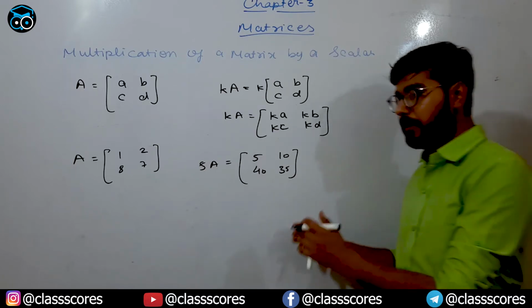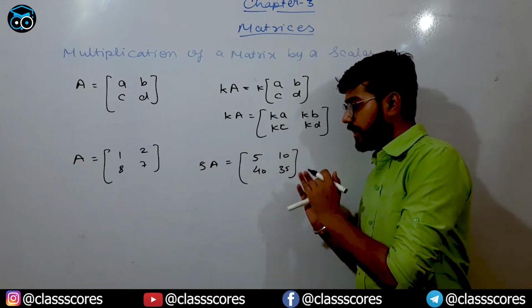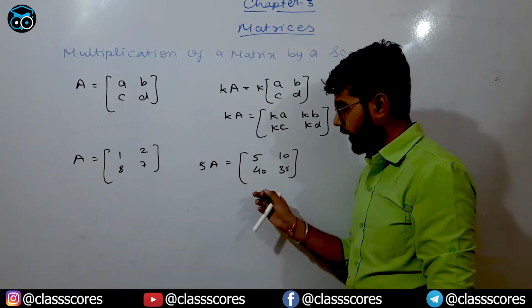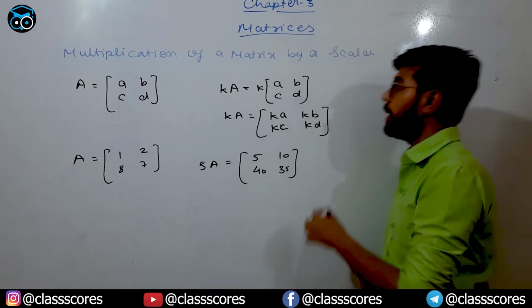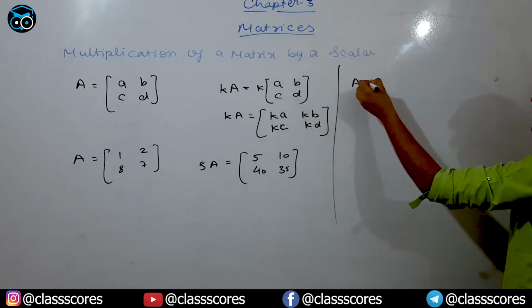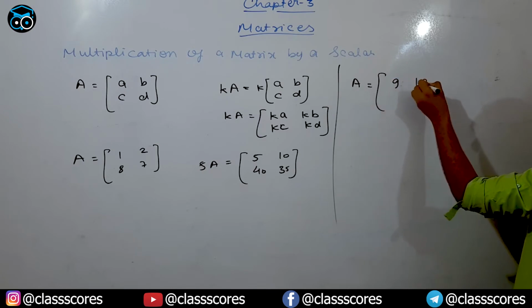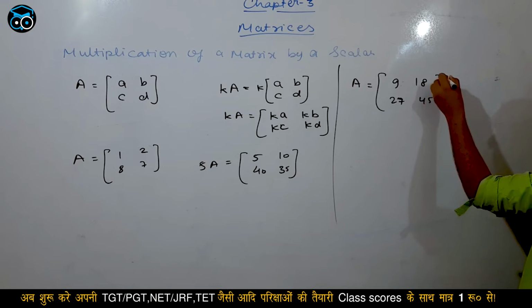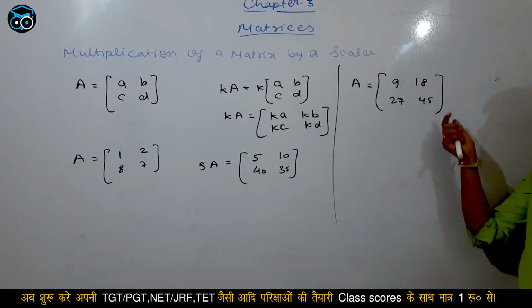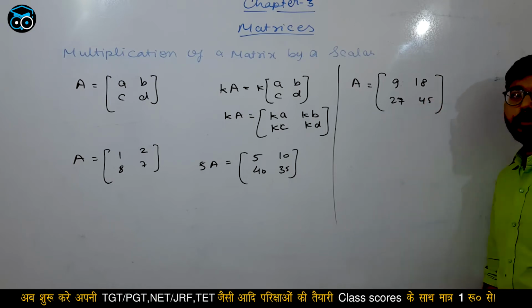In the same manner, when we are going to take something out, it will also come out from each and every element. Suppose a matrix A is 9, 18, 27 and 45. We know very well each and every element is a multiple of 9.